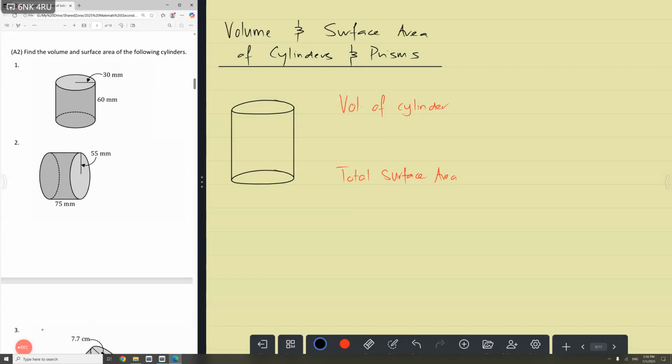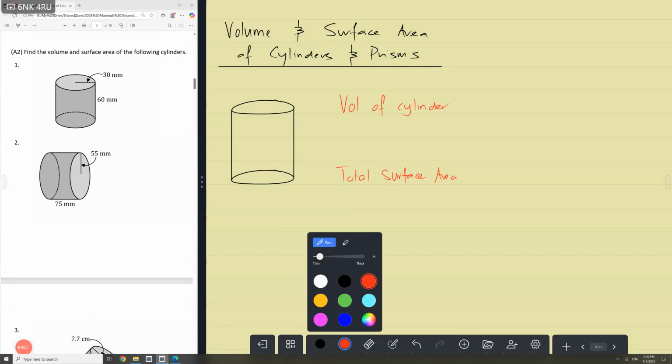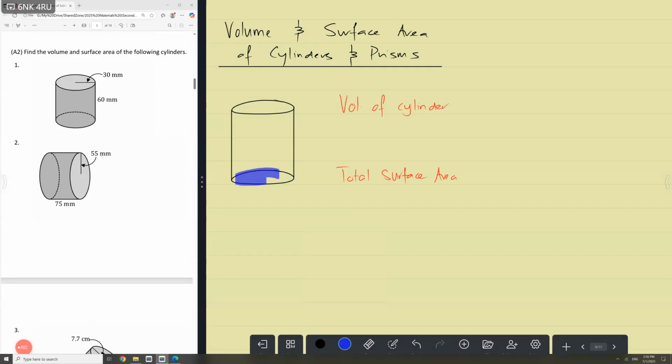If we look at their uniform cross section area, which is this portion here in blue, this is their uniform cross section area. In this case, we also refer to it as the base, and then the height is simply this way, and it is upright, and therefore that's why we call it a uniform solid.